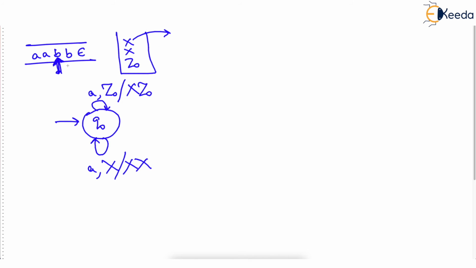But the good idea is, why don't we give another state Q1 to handle all these B's? So on reading B, it's a good idea to change the state so that we can create a loop here for B. But then what is the configuration?